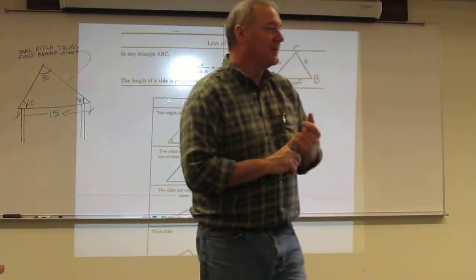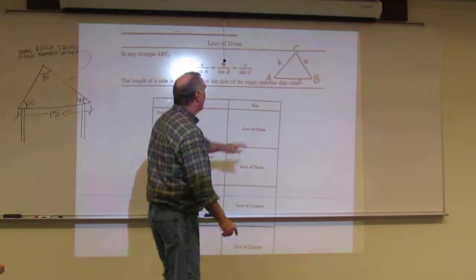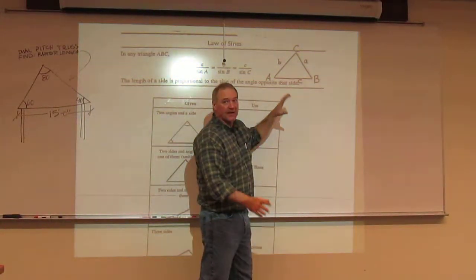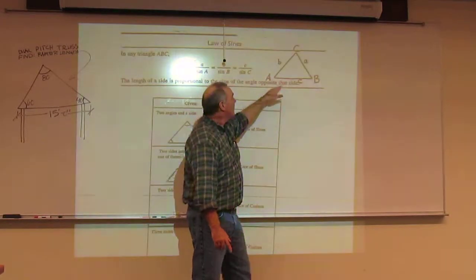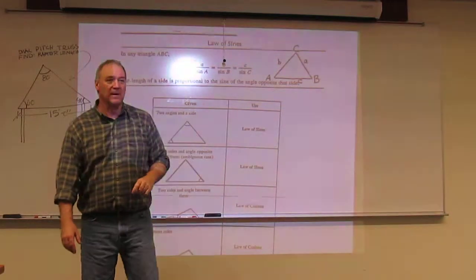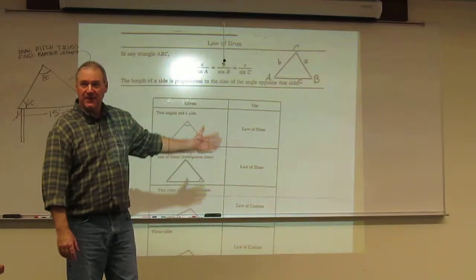The important part is that the side with the same letter must be opposite. So if I call this angle A, it doesn't matter if I use this corner, this corner, or this corner. I can label anything I want A. What matters is the side opposite must have the same letter, and it would be lowercase.